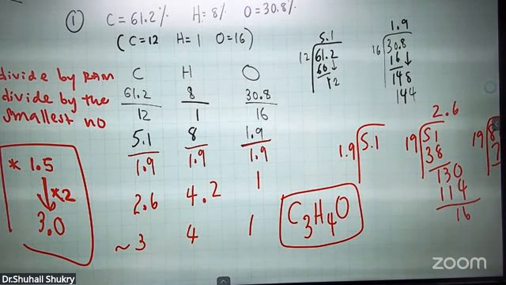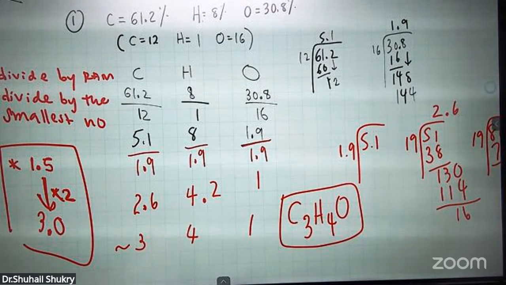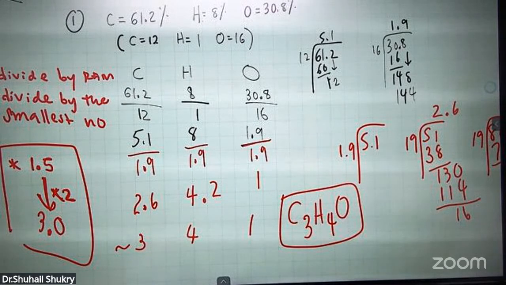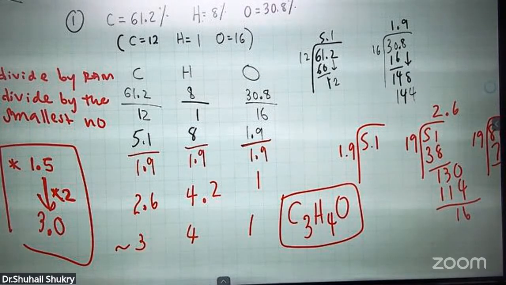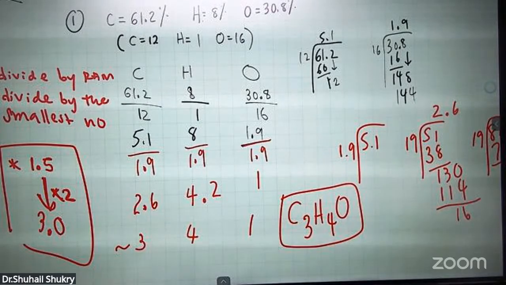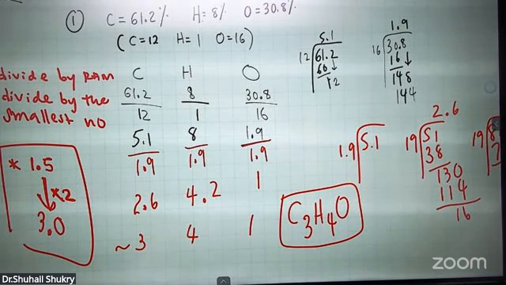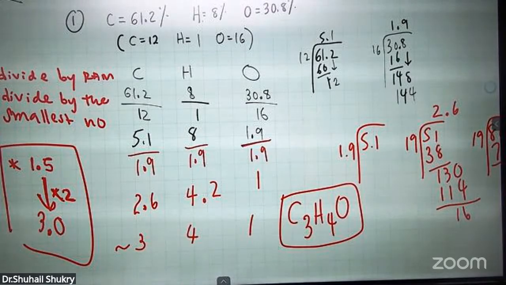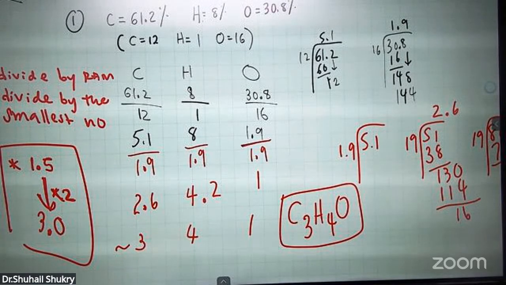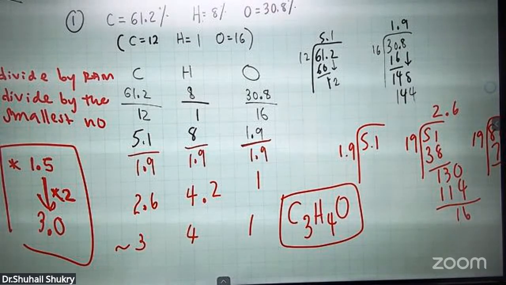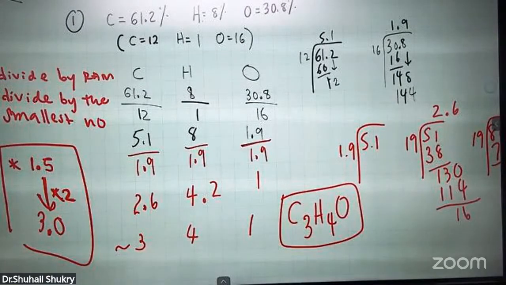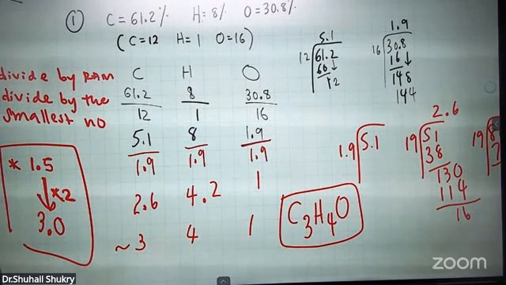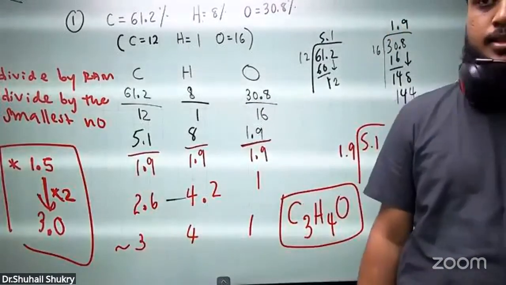Write that: if you get something like 1.5 or 2.5, you have to multiply by 2 to get a whole number. Okay. Are these things okay, guys?